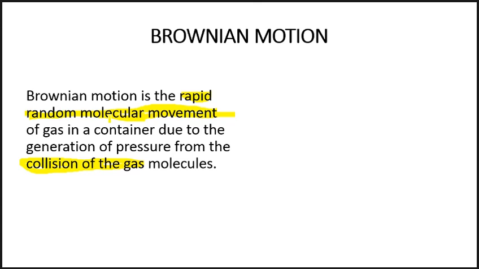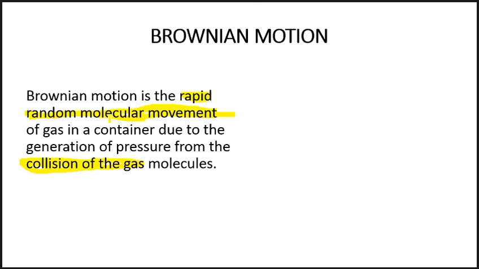Some of the conclusions he made was that since the pollen grain constantly moved randomly, that confirms that the particles of gas, which could also be solid or whatever, as far as it's matter, are constantly moving. So that's number one observation he made from the experiment.